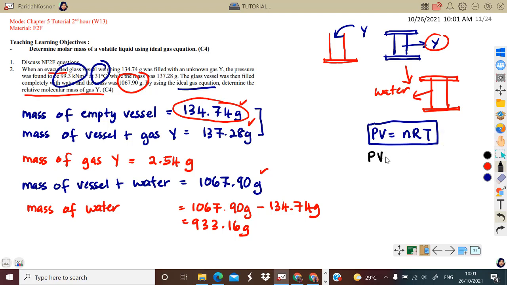So PV equals to mass RT bahagi molar mass. Since saya nakkan molar mass, saya cari molar mass baru boleh cari relative molecular mass. So molar mass sama dengan MRT bahagi PV. Equation ini hanya untuk gas: mass of gas, pressure of gas, volume of gas. Tapi yang kita ada mass of gas Y tu okey lah.